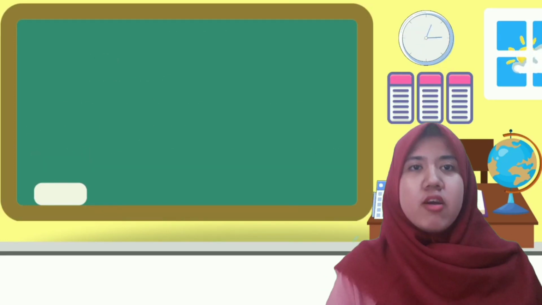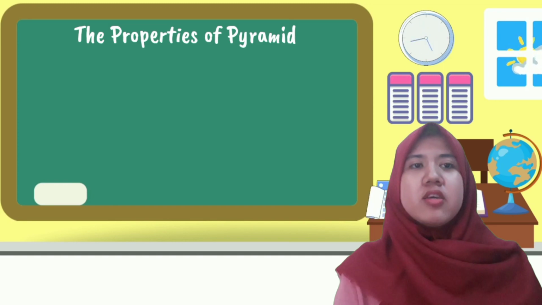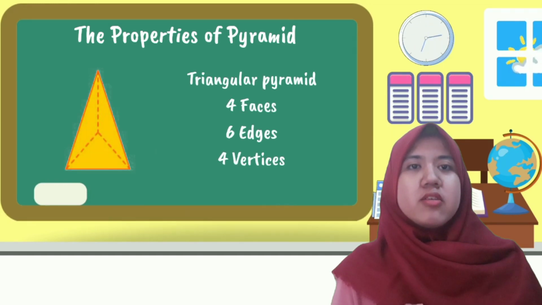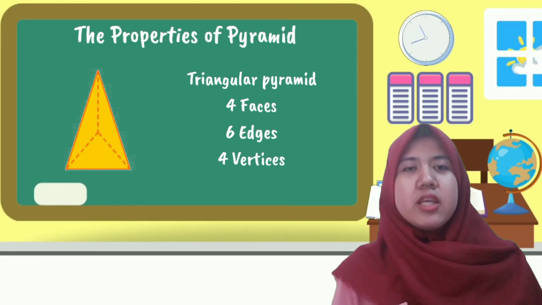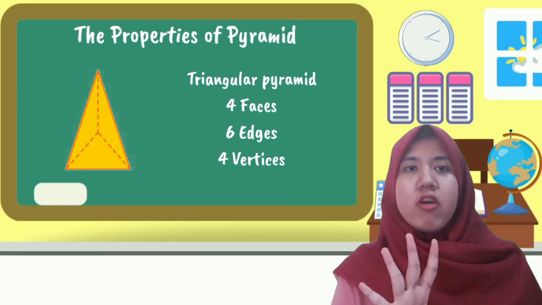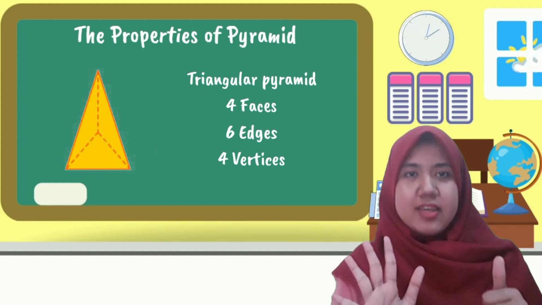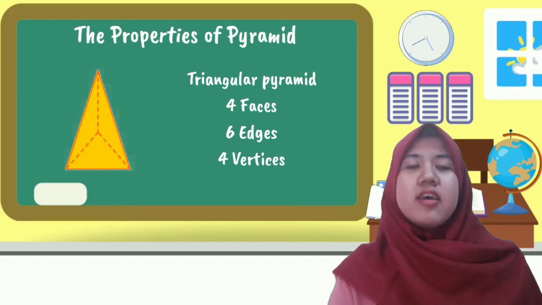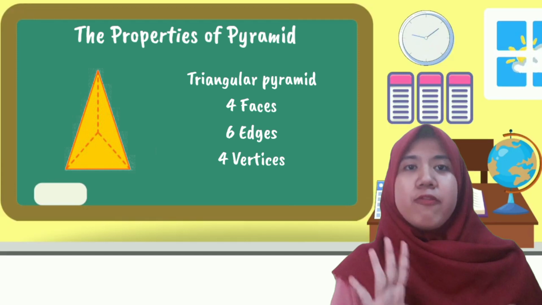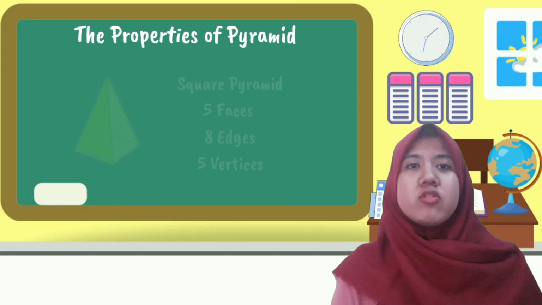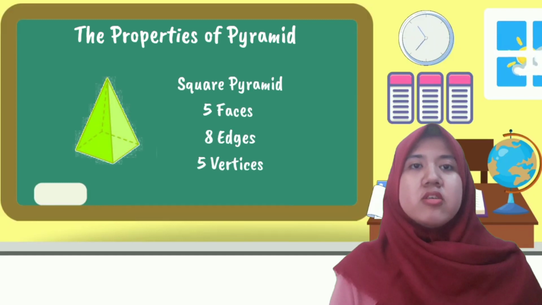The properties of the pyramid. Number 1. Triangular pyramid. A triangular pyramid has 4 faces, 6 edges, and 4 vertices. Number 2. Square pyramid.